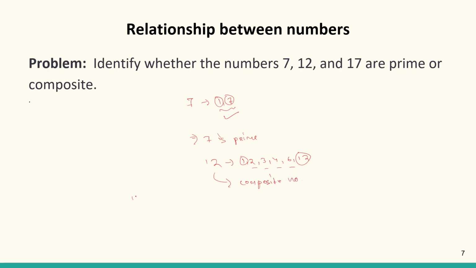For 17, we know that only 1 and 17 divide 17. So the two criteria are met, as there are no other numbers that divide 17, excluding 1 and 17. So 17 is prime. So the answer is: this is prime, this is composite, this is prime.